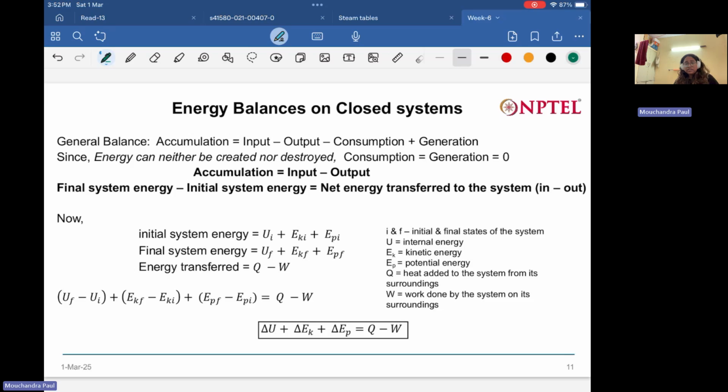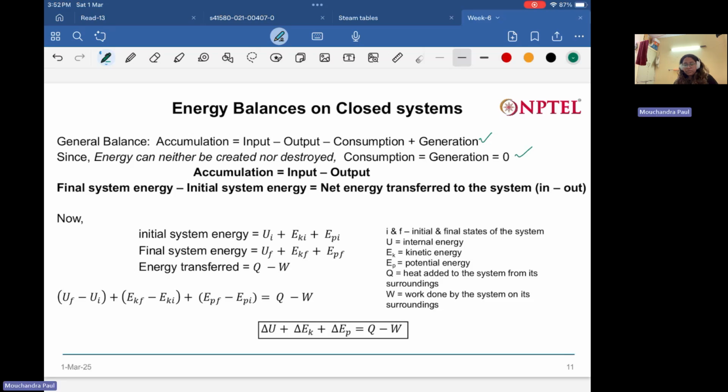So general balance, if you remember, is basically accumulation equals input minus output minus consumption plus generation. Now, since energy can neither be created nor destroyed, the energy consumption and generation terms will be zero. So the final balance equation will contain the one accumulation term, and it will be equal to input minus output.